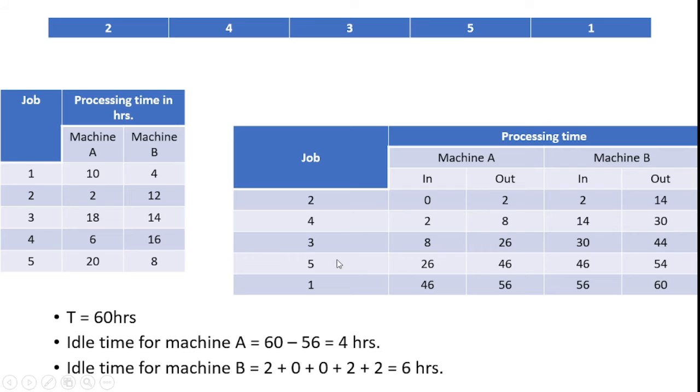After the 26th hour, job 5 consumes 20 hours in machine A, so 26 plus 20 is equal to 46. So job 5 is running on machine A up to 46 hours. Now I can compare this 46 hours with the machine B performance time. But in this case, machine B earlier finished the third job. So if I want to load the fifth job in machine B, machine B should wait.